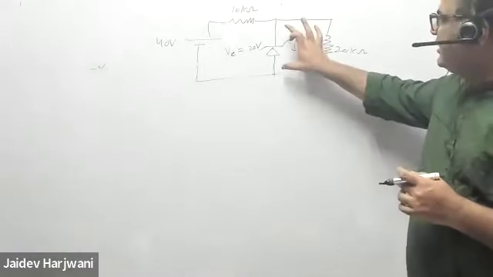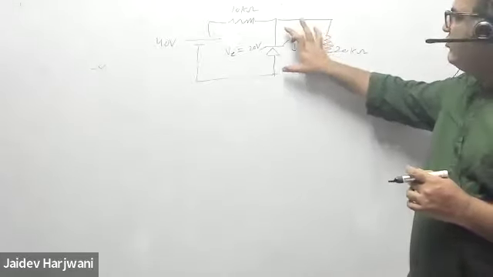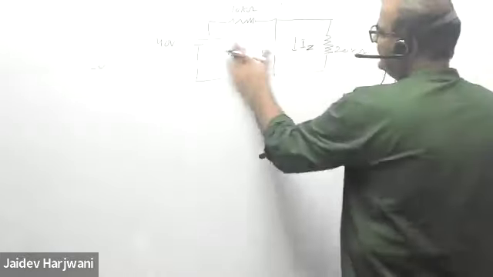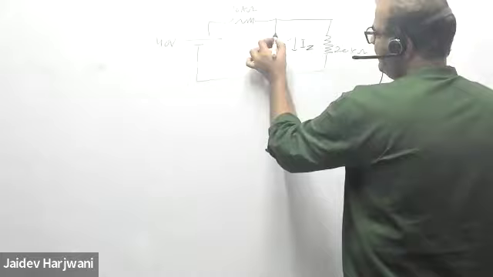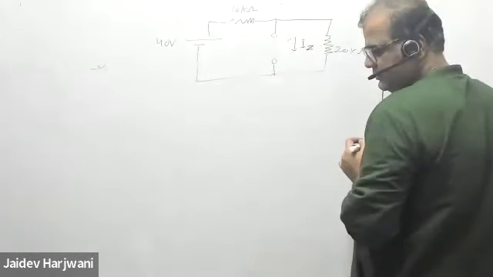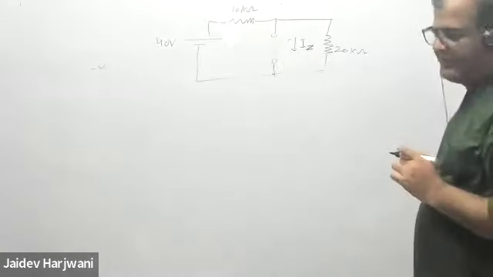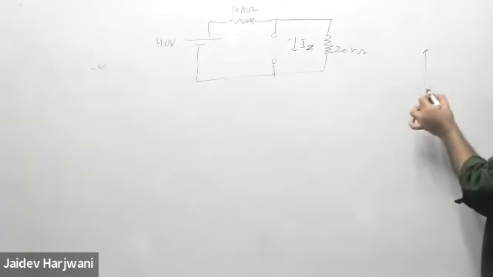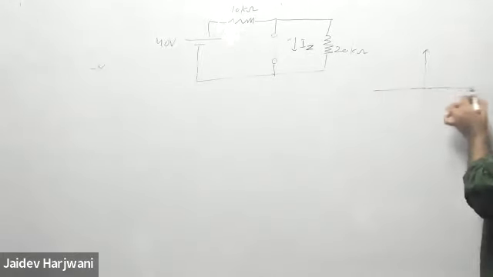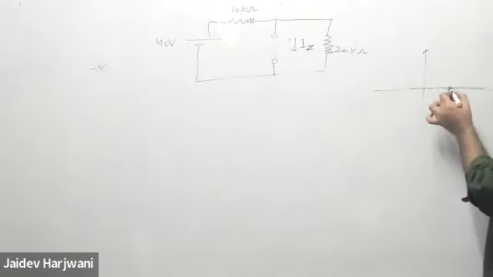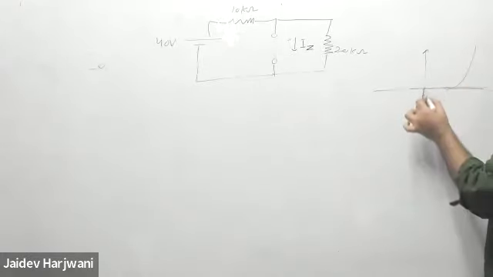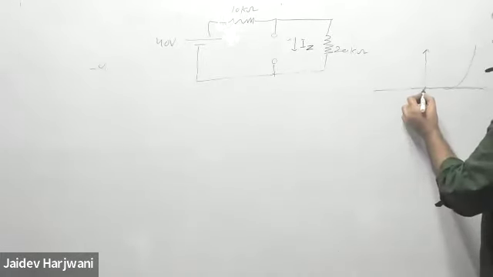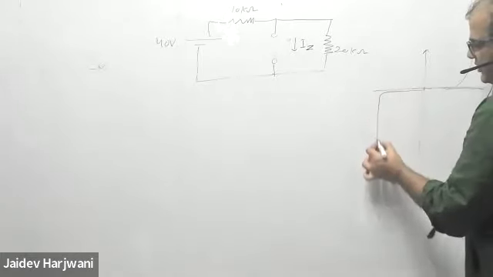If I want to find the voltage coming across this zener diode, I have to make it open. I am telling the students, which is not in our course, we always have to make it open and find the open circuit voltage. If the open circuit voltage is equal to or greater than 20 volt, this is the zener diode characteristic. A zener diode always works like a normal diode in forward bias, but in reverse bias it works in the reverse breakdown condition.